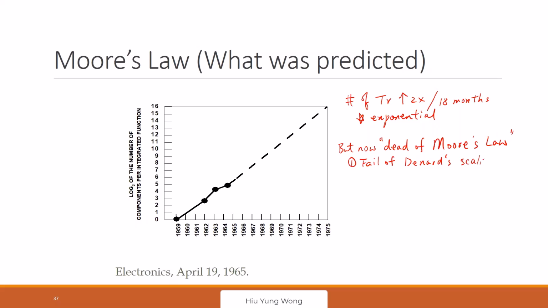Right? Just now, Omi said that, right? And Cedric, you said power wall. What is power wall? And then what is power wall? Because of too much leakage.